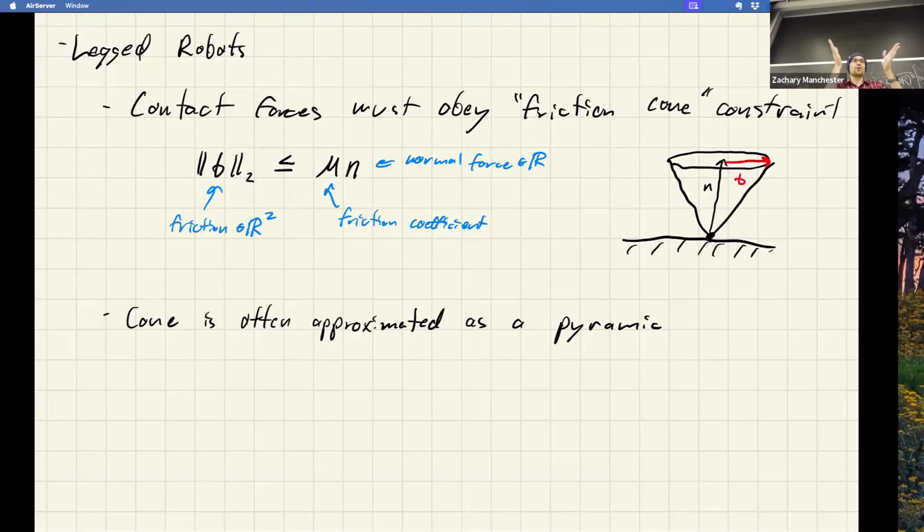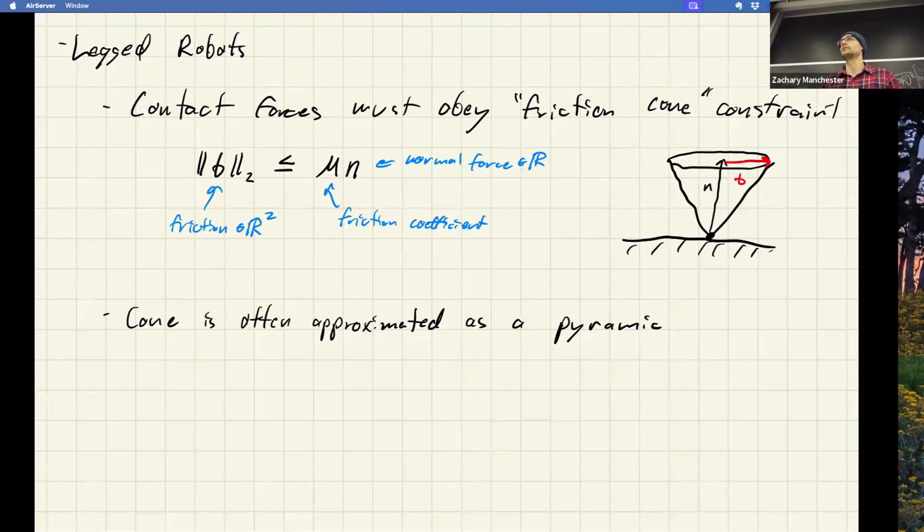So you basically replace the round cone with a bunch of flat sides to make a pyramid, and now it's a QP. So they can use QP solvers. It's still convex like this. It's a second order cone, but the popular thing is to linearize, make it a pyramid, so you can solve it as a QP because QPs are fast.